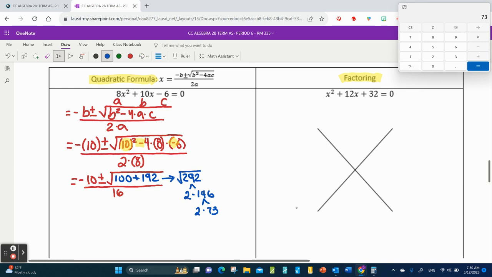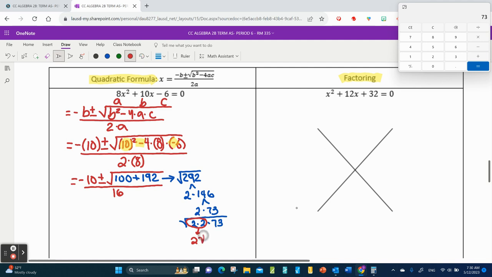So at the end of this, I'm going to make a list that says that this turns into 2 times 2 times 73. And by the way, the answer is still in the square root symbol. Now, our technique is that every time we have doubles inside the square root symbol, we circle the pair, and one of those comes out.